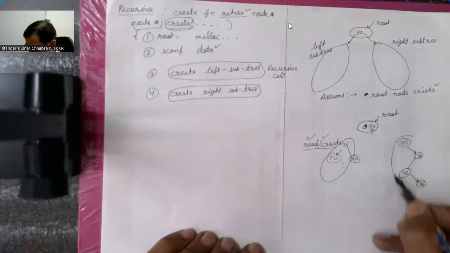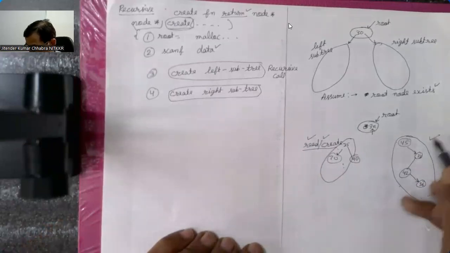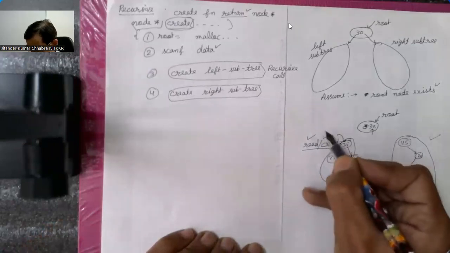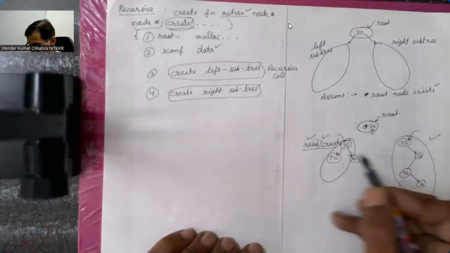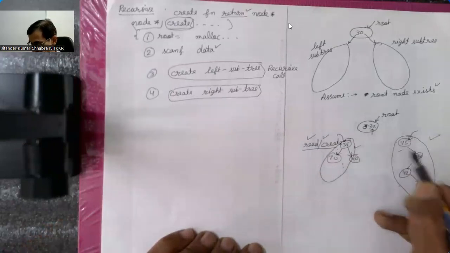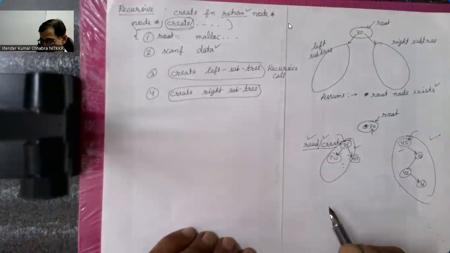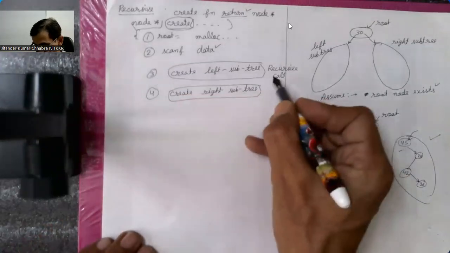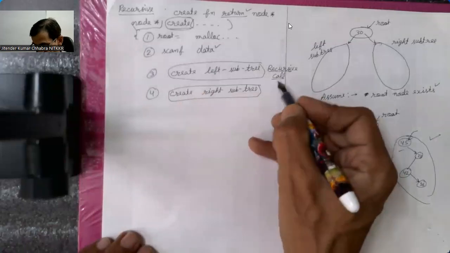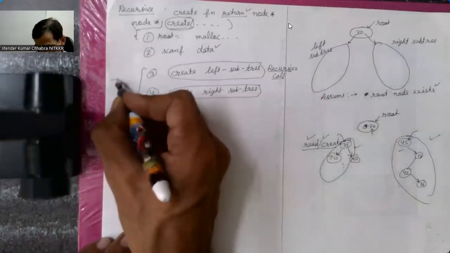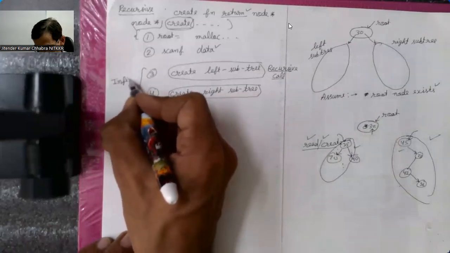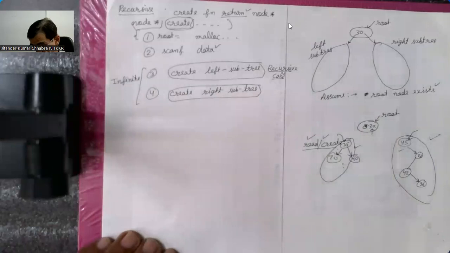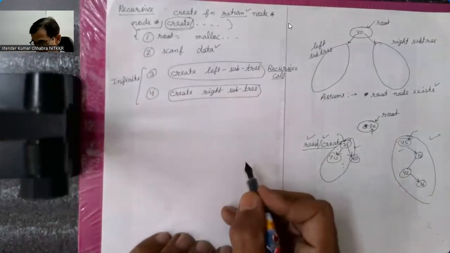Let's assume this all gets read correctly, means all this gets properly created, and this is the corresponding root pointer created. This all works well. And this is the logic which I'm using. But if I make this call as recursive always, it will mean infinite recursion. Recursion is not stopping. We have the thumb rule, recursion cannot be infinite.